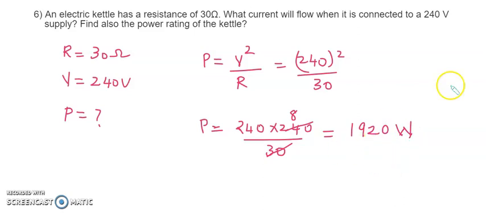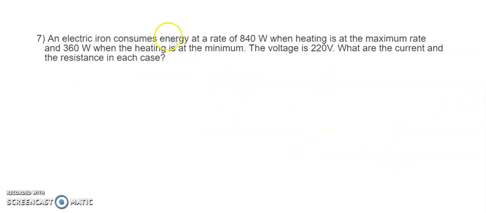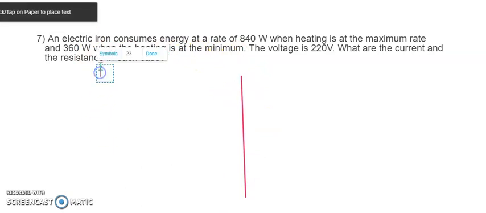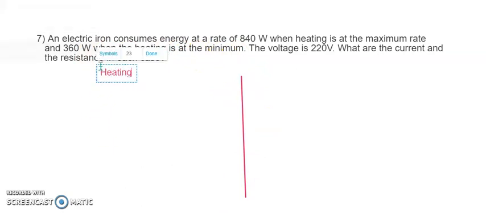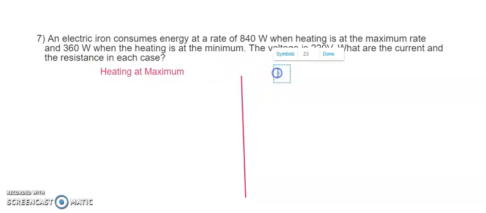Am I clear? Now the twist. There is an electric iron which is consuming energy at a rate of 840 watt when it is heating at the maximum rate, and 360 watt when it is heating at the minimum rate. So let me just bifurcate it into two parts. First is heating at maximum, and the other one is heating at minimum.